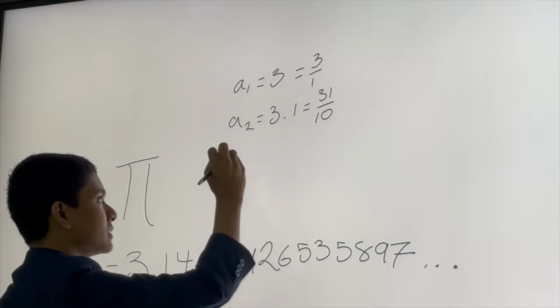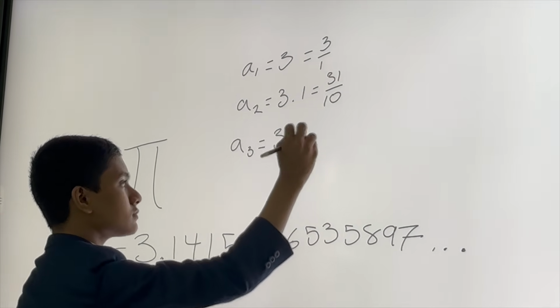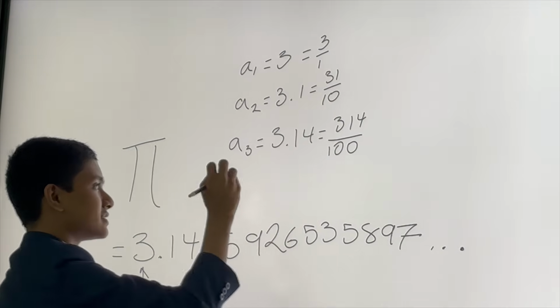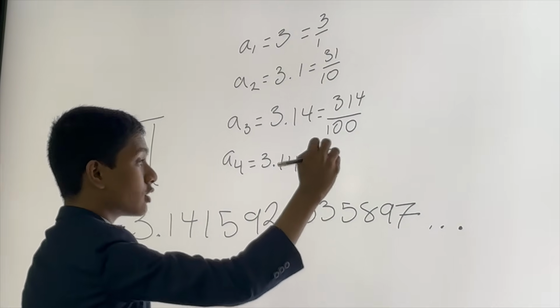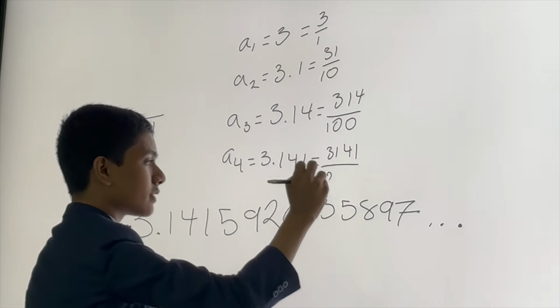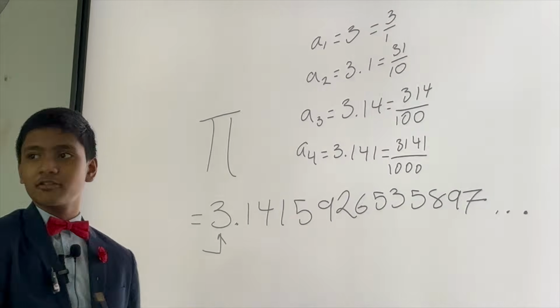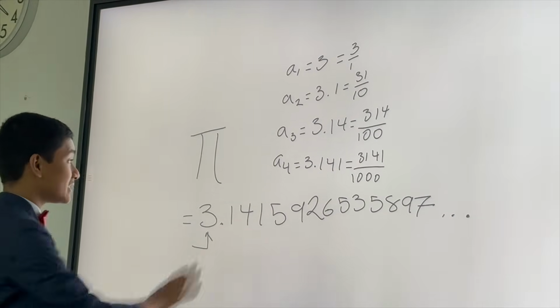All of these approximations will be rational numbers by virtue of terminating after finite digits. So 3.141, and so on and so forth. This is the very classic way of approximating an irrational number. Now, is it good?